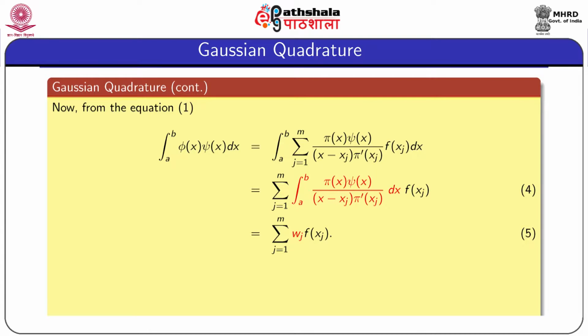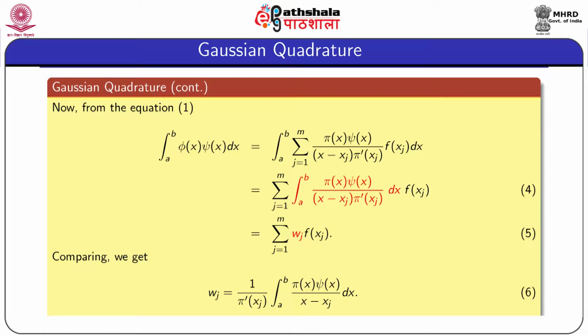Now, from equation 1, integration a to b phi x psi x dx, where phi x is replaced by f x, is equal to integration a to b summation j equal to 1 to m of this expression. This is nothing but the values of l_j times f of x_j dx, and now interchanging the summation and integration, we obtain equation 4, and the marked portion is nothing but w_j. The marked portion is denoted by w_j, that means w_j is given by equation 6.